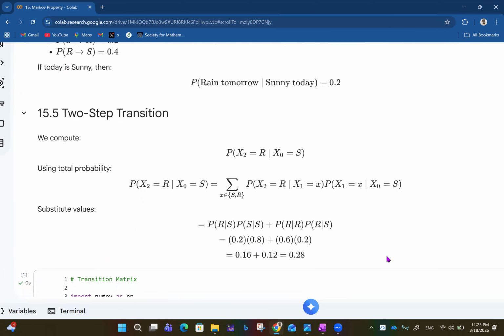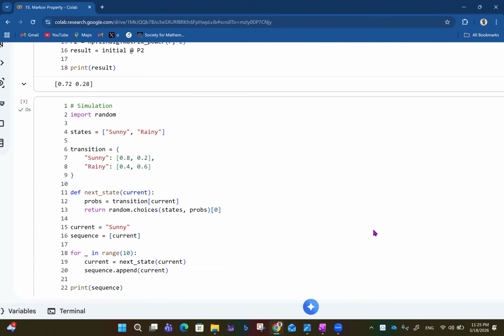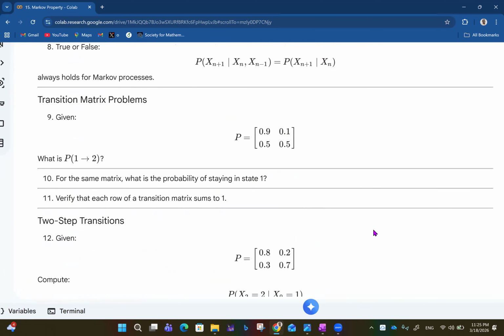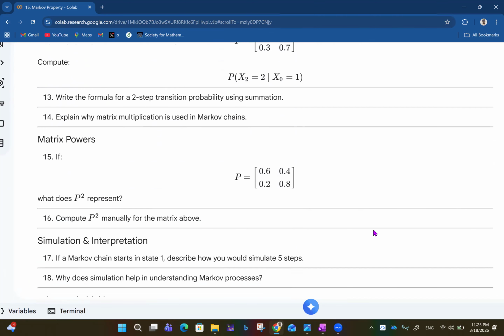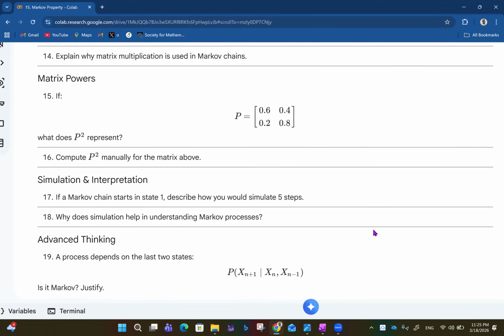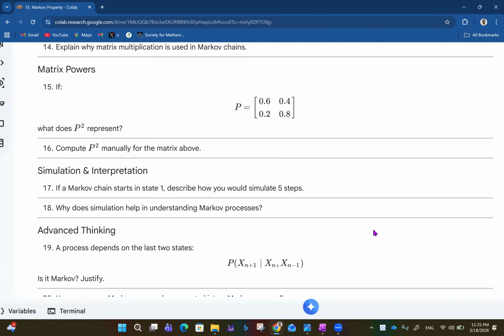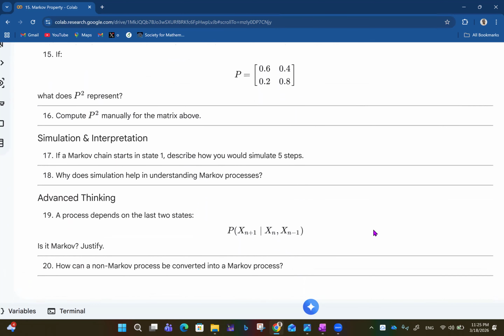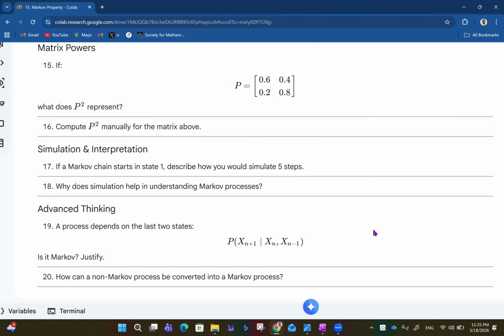So this is the summation formula: P(x2 equals r given x1 equals x) multiplied by P(x1 equals x given x0 equals s). So try your hands on the problems. For matrix powers, of course, we want to just square that matrix. So compute P squared manually for the matrix above, then simulation and interpretation. So yeah, just try your hands on this. Let's see how all of that goes.